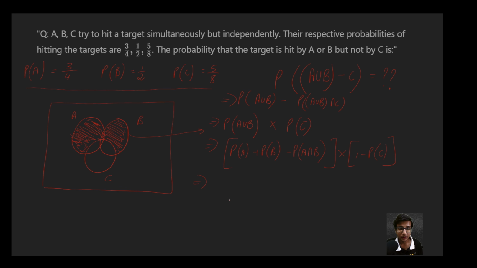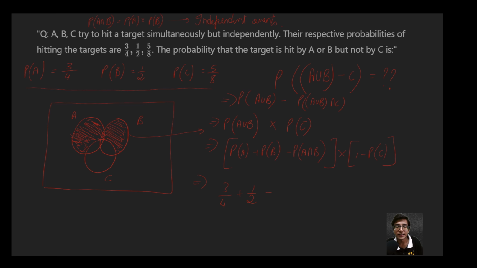P(A), P(B): this is 3 by 4 plus 1 by 2 minus P of A intersection B. What is A intersection B? It is nothing but the multiplication of P(A) and P(B). I had told you that P of A intersection B would be equal to P(A) into P(B) if they are independent events.